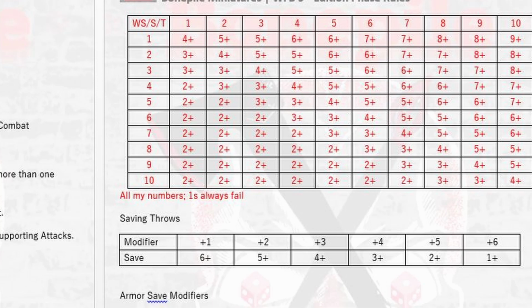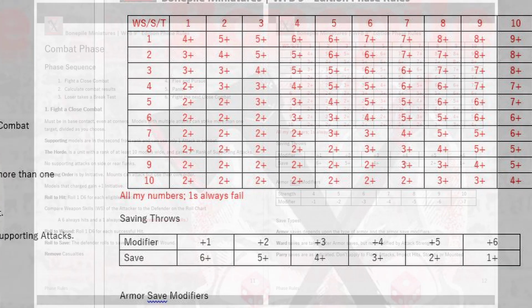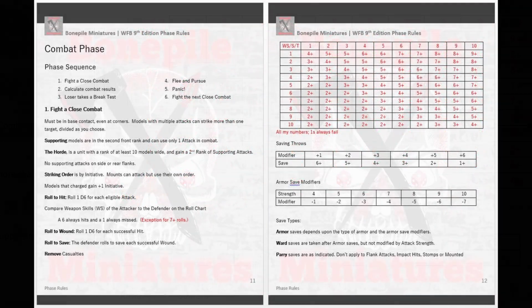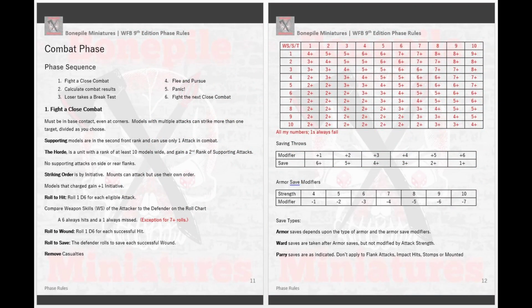You just have to remember that you must step up and down by 2 instead of by 1 like in the 8th edition. And so I think that's a pretty substantial change that I've made to the wound chart. And once again it applies to weapon skill comparisons and also strength and toughness comparisons for both the shooting and the combat phase. Okay, so let's move on from that.